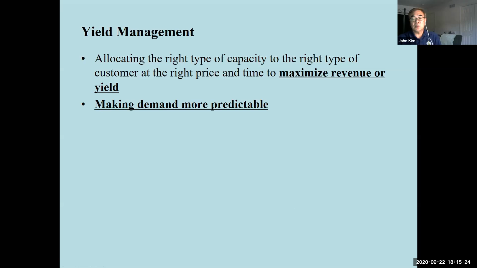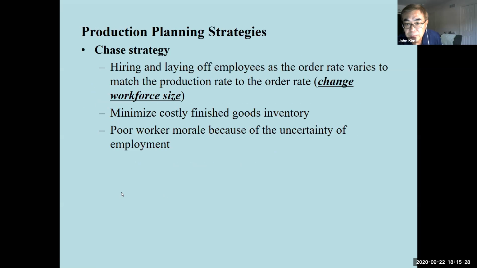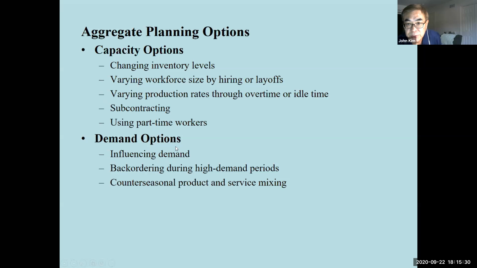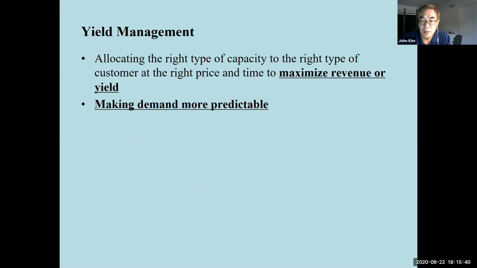Yield management. Earlier, we talked about demand options, one of which is influencing demand. To influence the demand, they use advertisement, commercials, and so on.